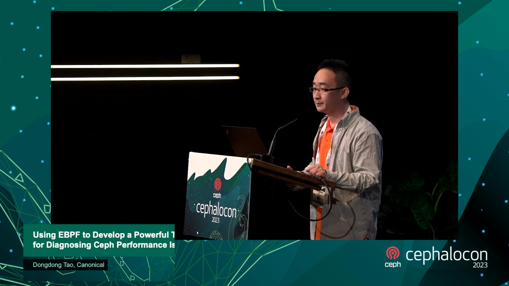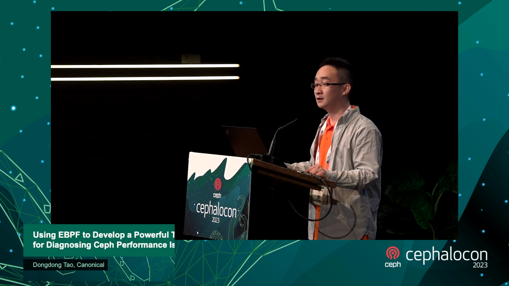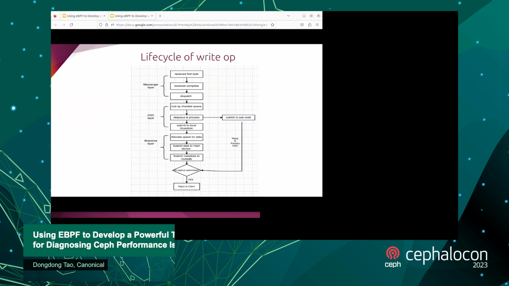So this is a picture of the OSD write operation life cycle. As we can see, it can be mainly divided into three levels. The first is the messenger level. At the first stage of the messenger layer, an OSD starts to receive the first byte of the write operation.